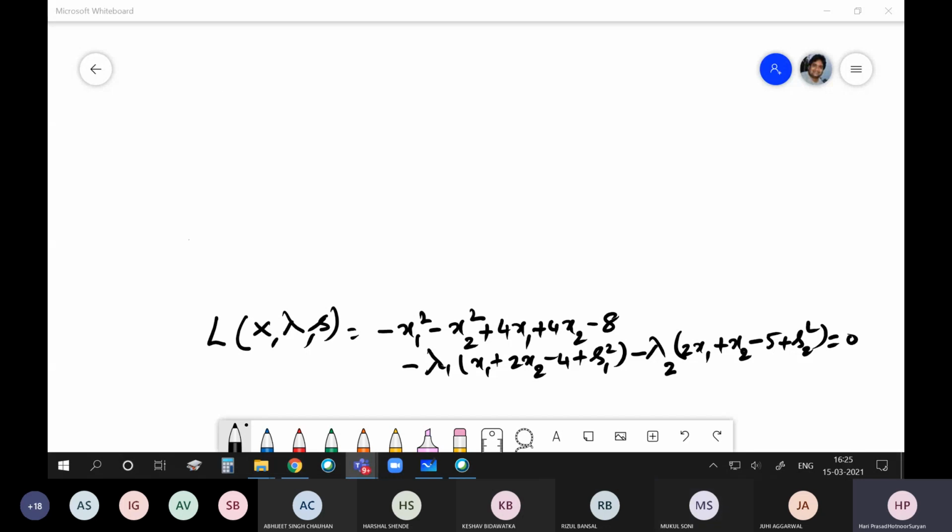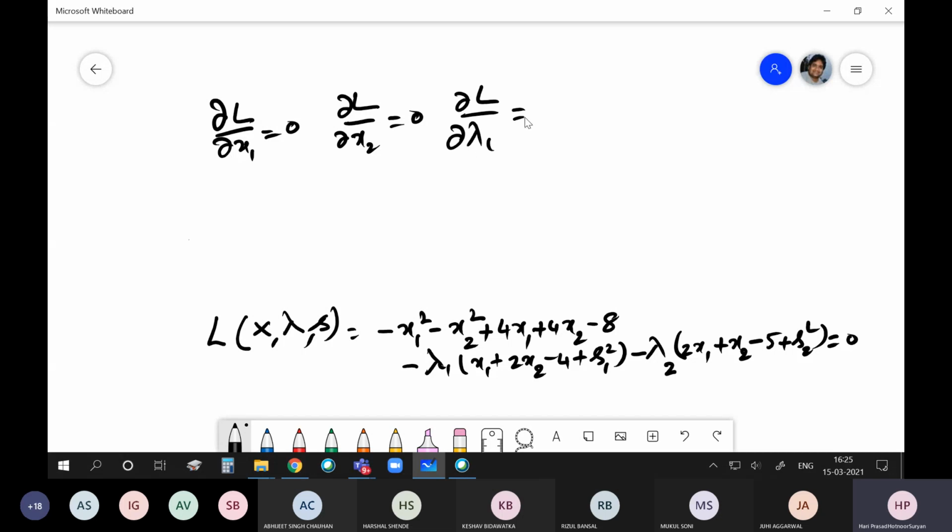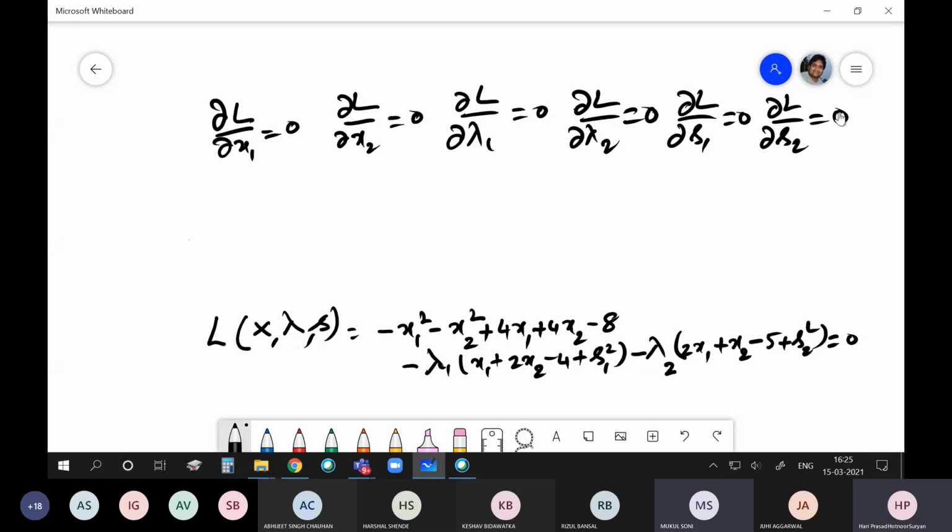All of you make this dou L by dou x1 equal to 0, dou L by dou x2 equal to 0, dou L by dou lambda 1 equal to 0, dou L by dou lambda 2 equal to 0, dou L by dou s1 equal to 0. Okay. And do it. Let us see what you get.